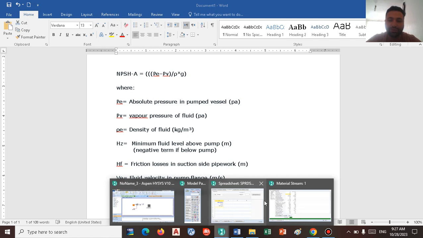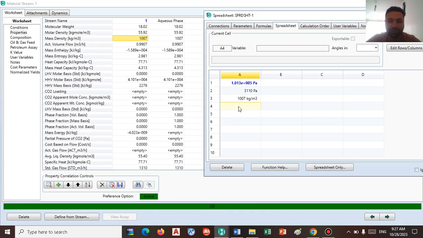Just press equal, and we have A1 minus A2, in parentheses, divided by A3, which is the mass density, times 9.8, which is the acceleration due to gravity.